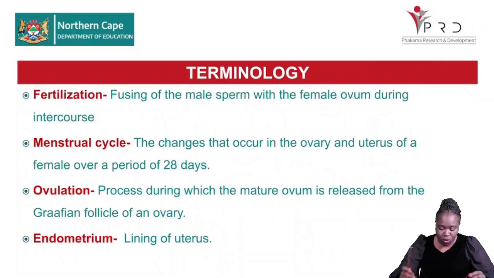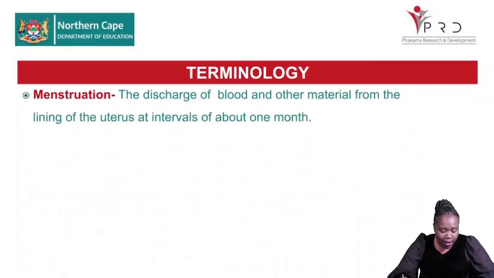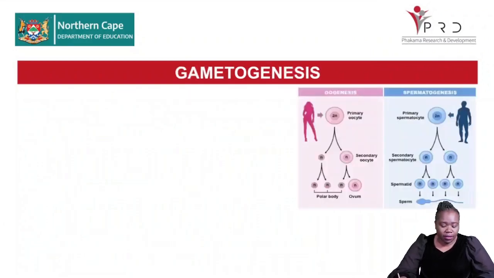Ovulation is a process during which the mature ovum is released from the Graafian follicle of an ovary, and endometrium, that is the lining of the uterus. And then the last terminology that we have is menstruation, which is the discharge of blood and other material from the lining of the uterus at intervals of about 1 month.